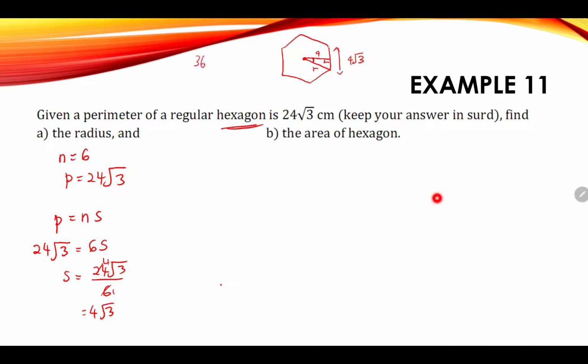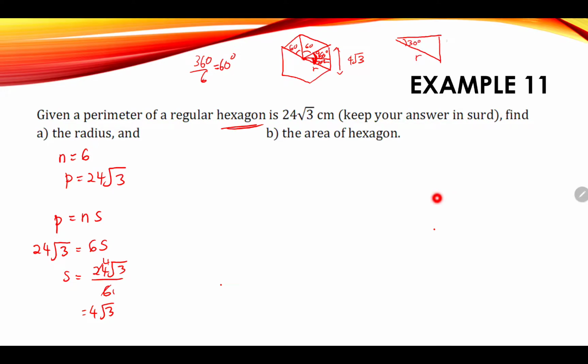So 360 bahagi 6 sama dengan 60. So which mean dekat sini 60. Okay, dekat sini 60. Dekat sini 60. So kita boleh tahu sini setengah ni adalah 30 lah. So bila saya keluarkan triangle tu, dia akan jadi macam ni. Sini 30.